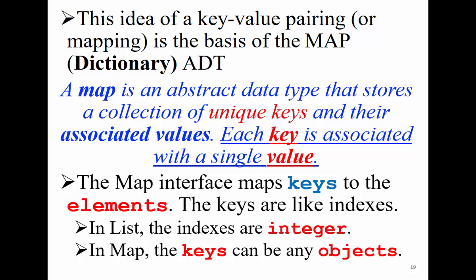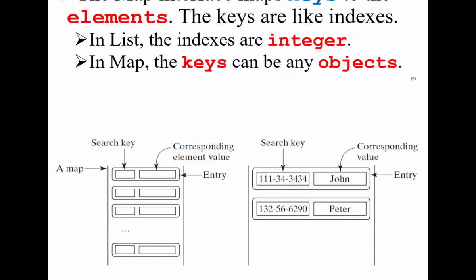You address the key as an index to retrieve the value inside your map. The beauty here is that in the array list, you use 0, 1, 2, 3 as integers for the index. But here the key gives you an opportunity to use an object. So we can have the key as an object inside the map.